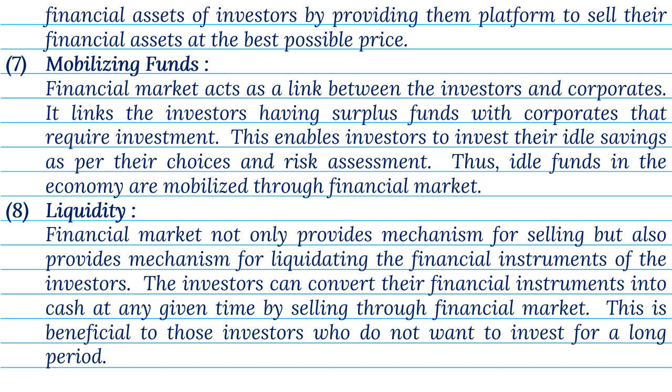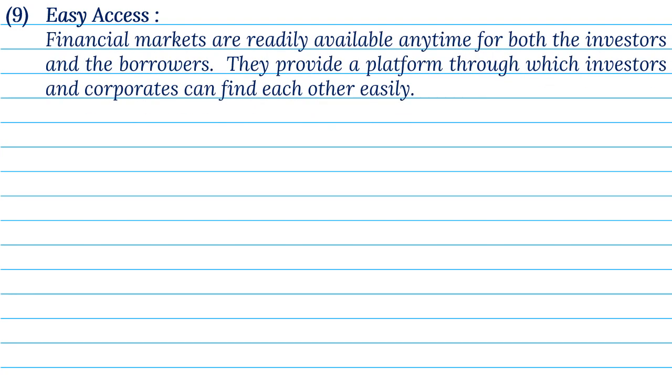This is beneficial to those investors who do not want to invest for a long period. 9. Easy access. Financial markets are readily available anytime for both the investors and the borrowers. They provide a platform through which investors and corporates can find each other easily.